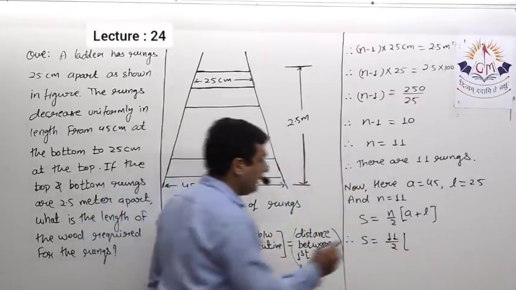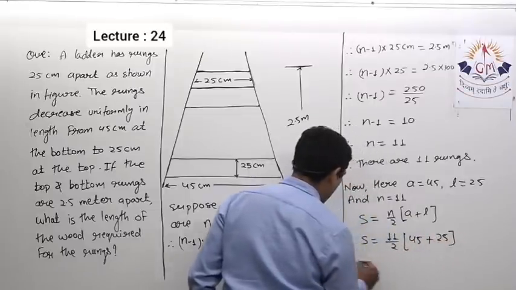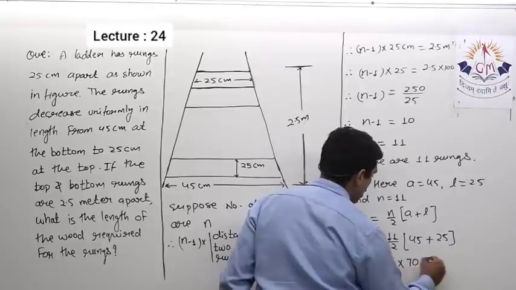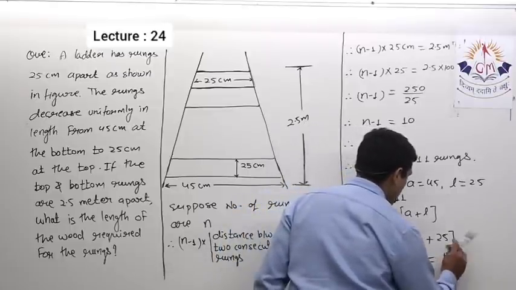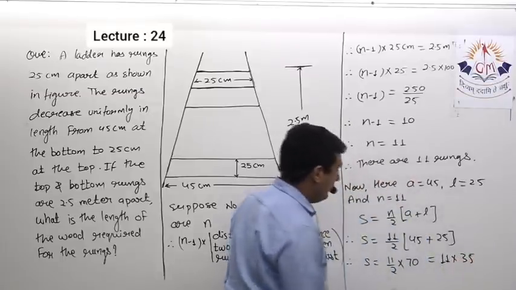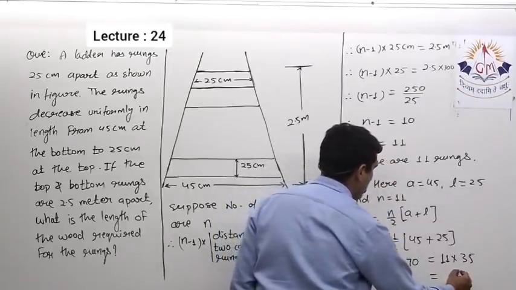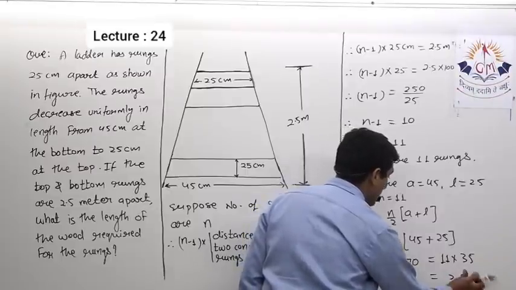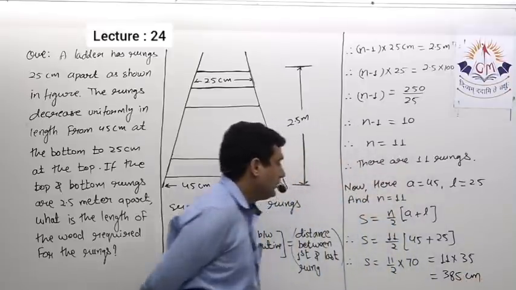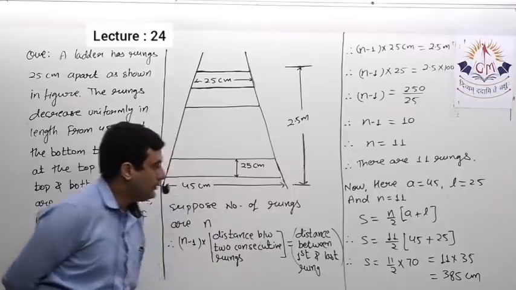It is the first rung, that is 45, plus the last, that is 25. So S is equal to 11 by 2 multiplied by 70, that is 11 multiplied by 35. So the final answer is 385 centimeters. Please note it down.